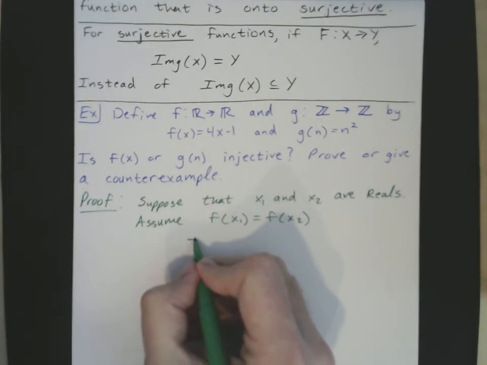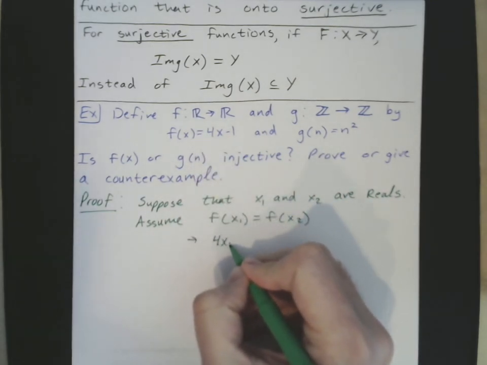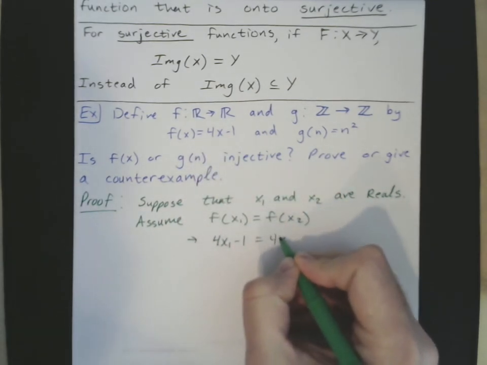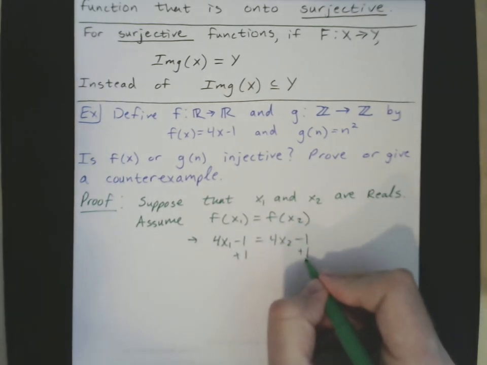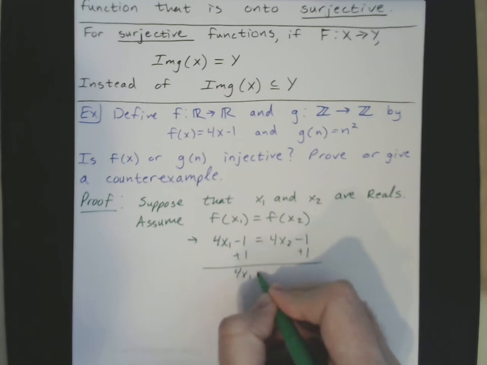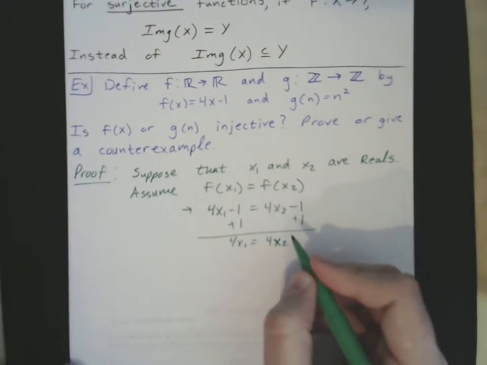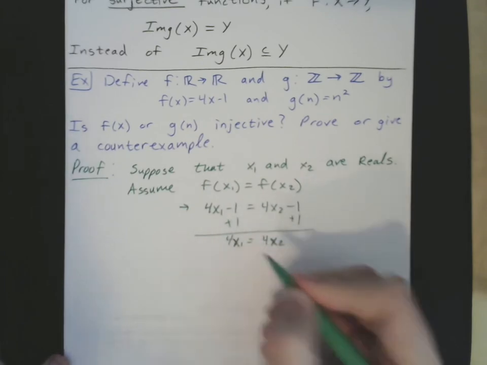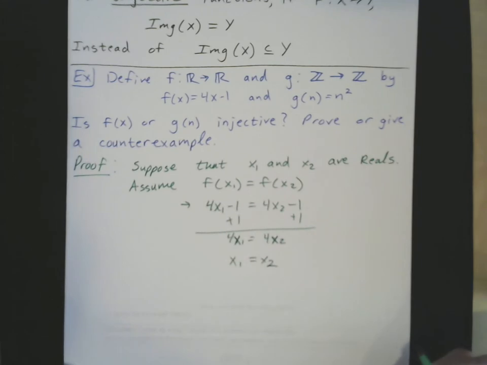So that means that, according to our function definition, 4x1 minus 1 equals 4x2 minus 1. Add 1, 4x1 equals 4x2. Divide by 4. And we have that x1 equals x2. And that's what we wanted.